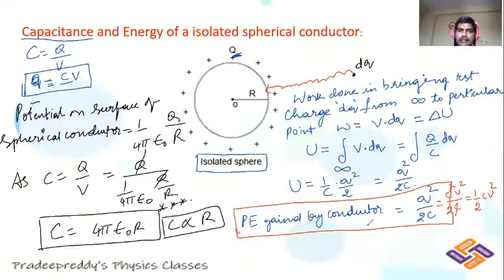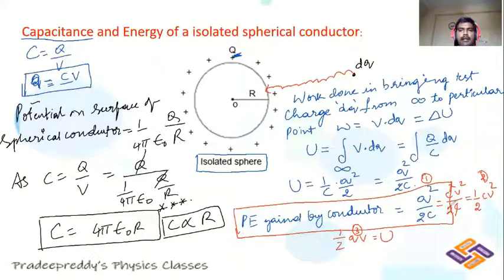C can be written as Q by V. So this is half into Q, V is equal to U, right? Any of these three equations can be used in order to find the potential energy gained by the conductor depending upon the work done.